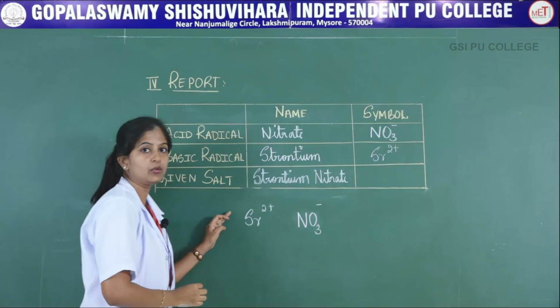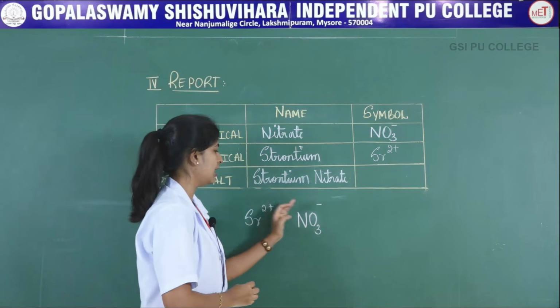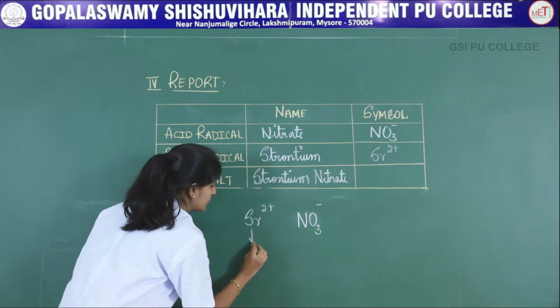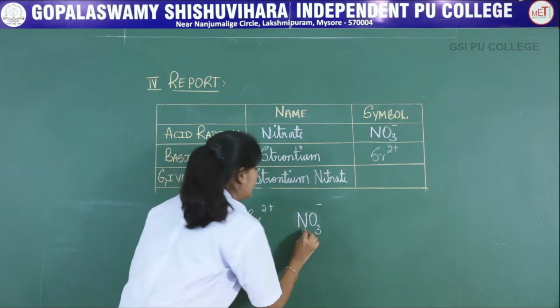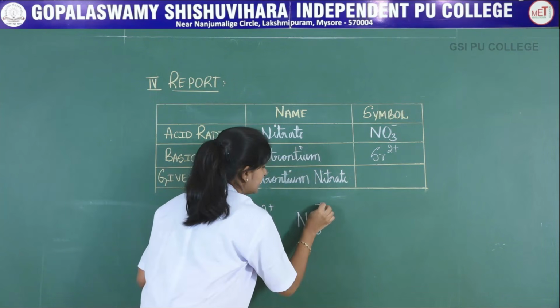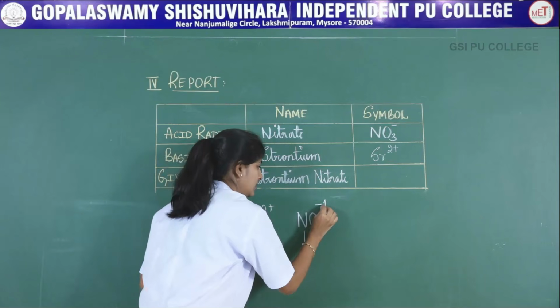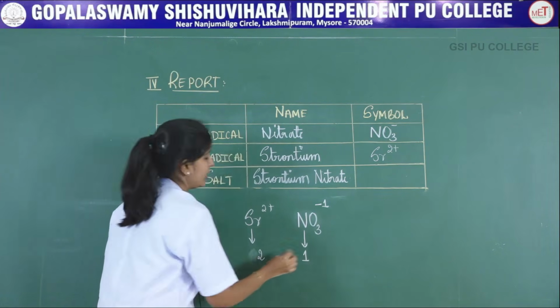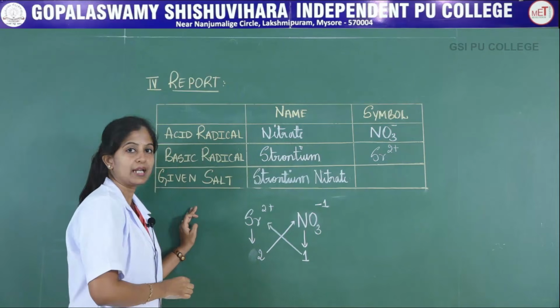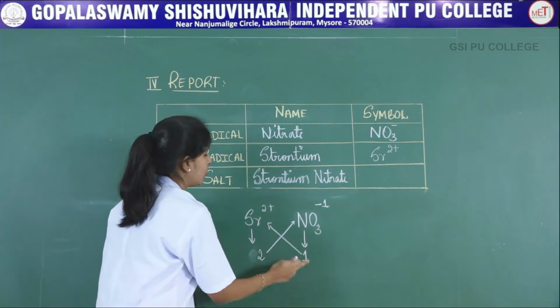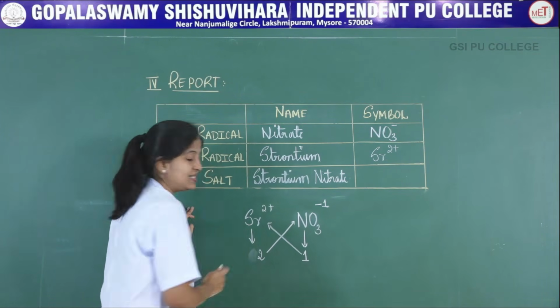So, first you have to look into what is the charge on each cation and anion. On the cation, the charge is plus 2, or simply you can take it as 2. On nitrate, the charge is just minus, which means it is minus 1, so it is 1. So, you have to cross multiply this charge along with your radicals, that is, 1 times strontium, twice nitrate.